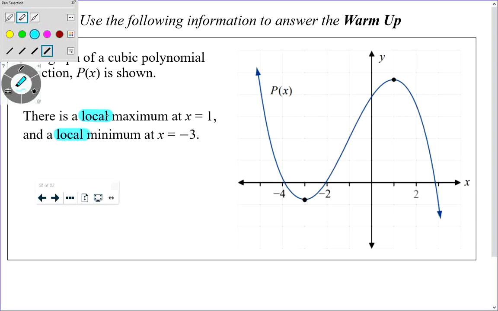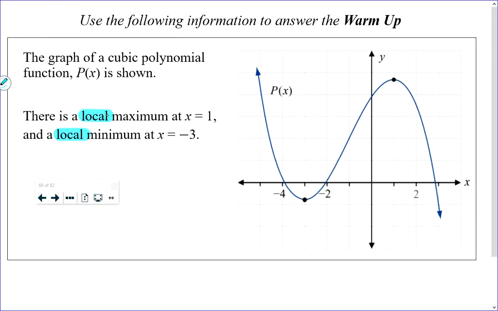But all the word local means, I can talk a little bit about it right now, is if this is a local maximum here, that means that it's a maximum value of the function, which is y. It's a maximum value of y in that local area, because clearly you can see that since this graph goes up over here, there are going to be values of y larger than that value of y at x equals 1.